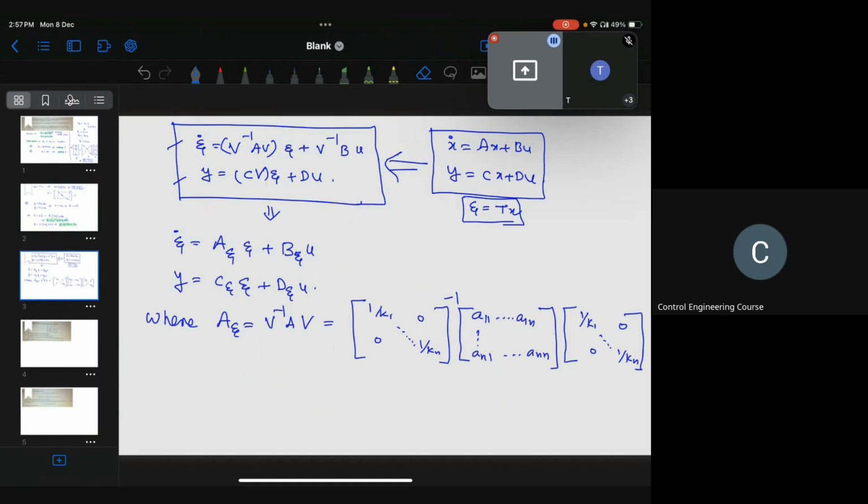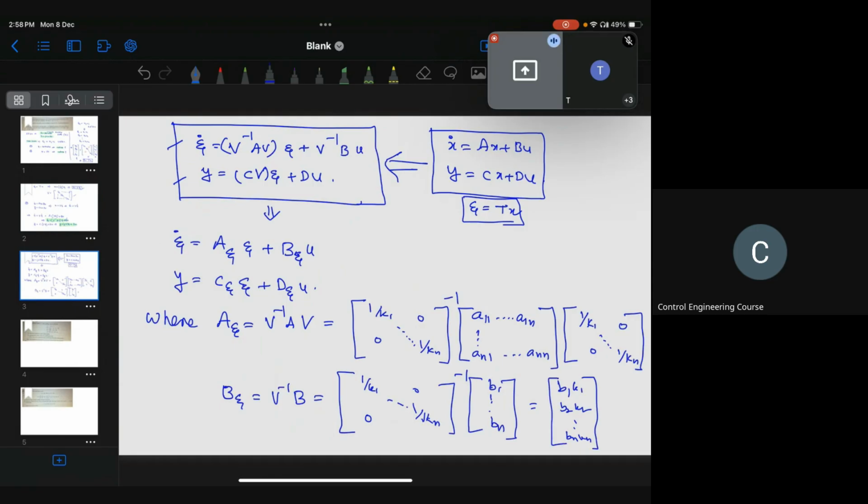Next, similarly, we can find B zeta, which is V inverse B. That is 1 by k1 etc. 1 by kn inverse times b1 etc. bn, so you will get b1k1, b2k2, etc. bnkn.